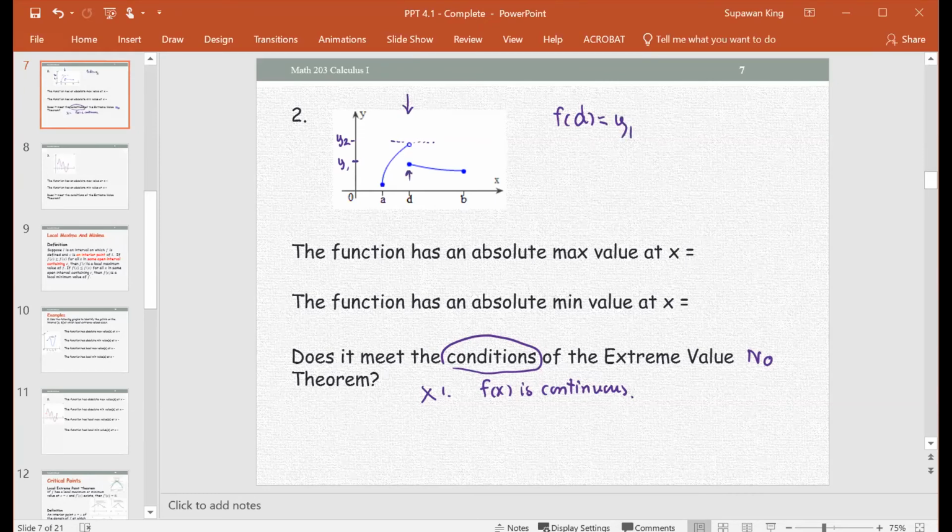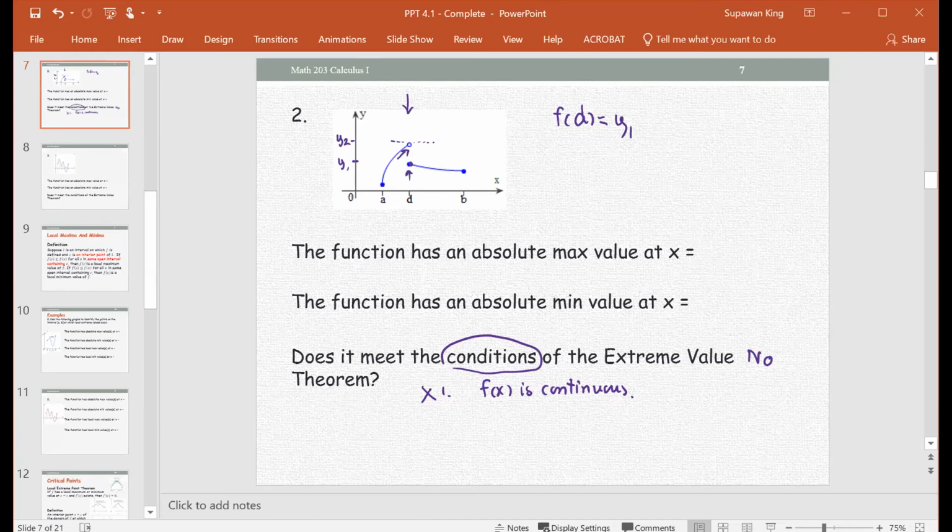It's a solid dot. From the graph, it looks like the highest is at d as well. But as the graph gets closer and closer to d from the left, the function value is not y1 there, while it's defined as y1 right at d.